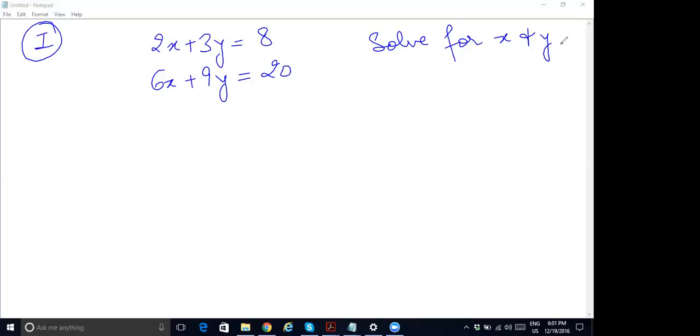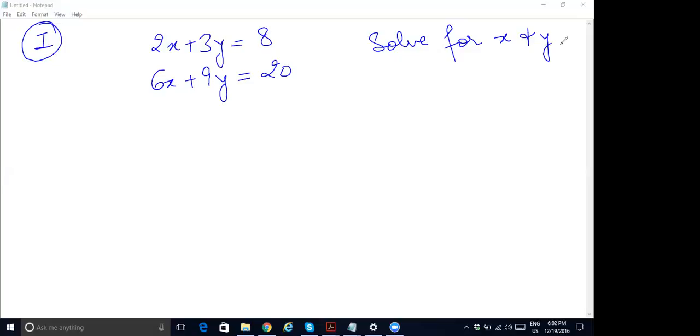9y is equal to 20. So, substitution doesn't work either.